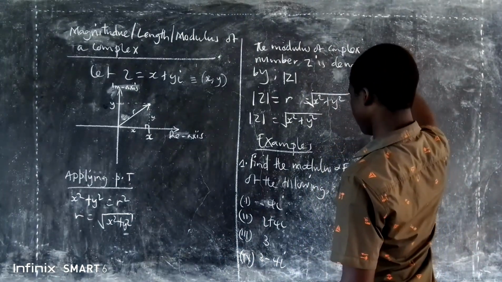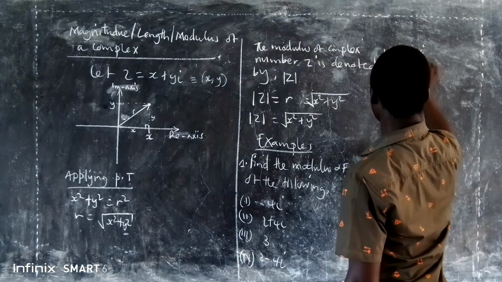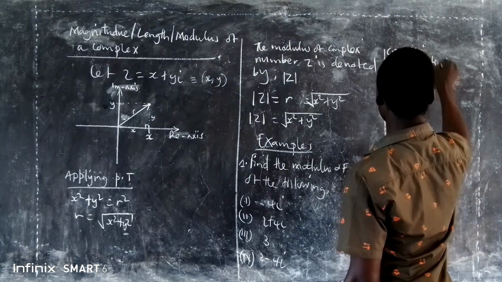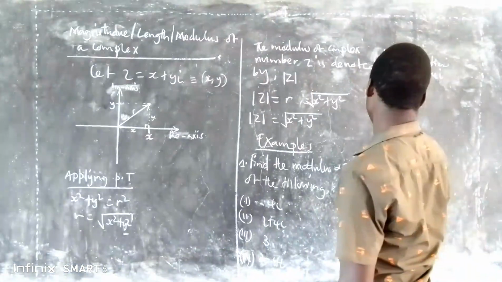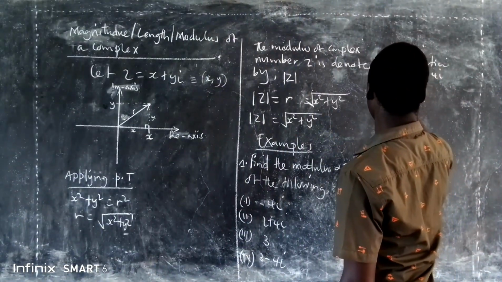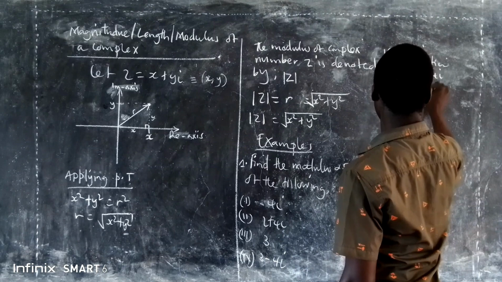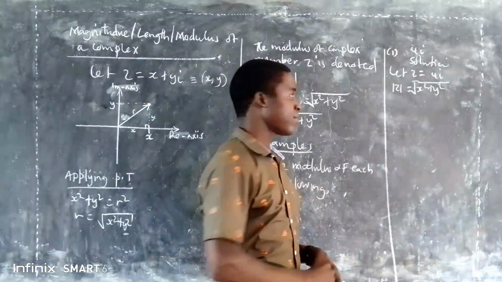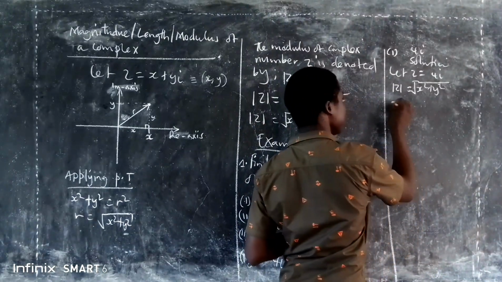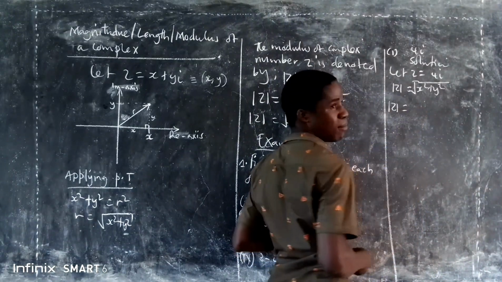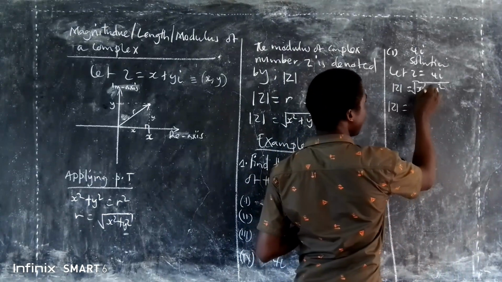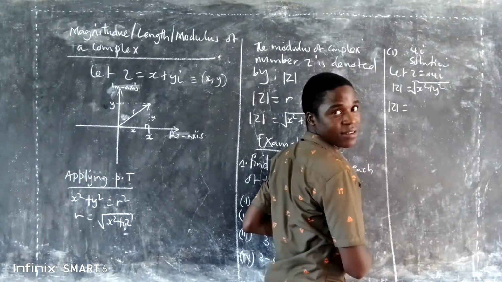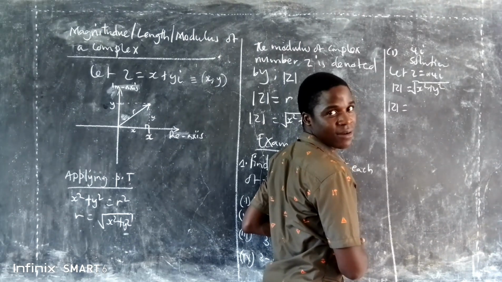Number 1, which is 4i. Solution: let Z be equal to that. If we want to get the modulus, it is the square root of x squared plus y squared. That's the formula we will use. So Z magnitude will be equal to the square root of x squared plus y squared, where our x is 0 and our y is 4.